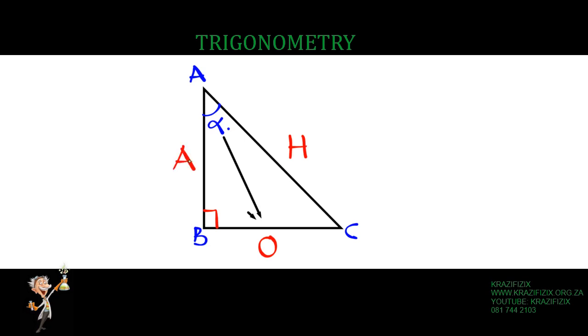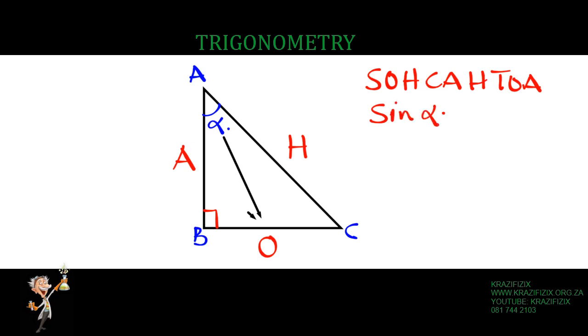So if I were to write sine, let's first write SOHCAHTOA just to remind ourselves. What is sine alpha? Opposite over hypotenuse. What's my opposite? BC over AC. What is cos alpha? Adjacent over hypotenuse.